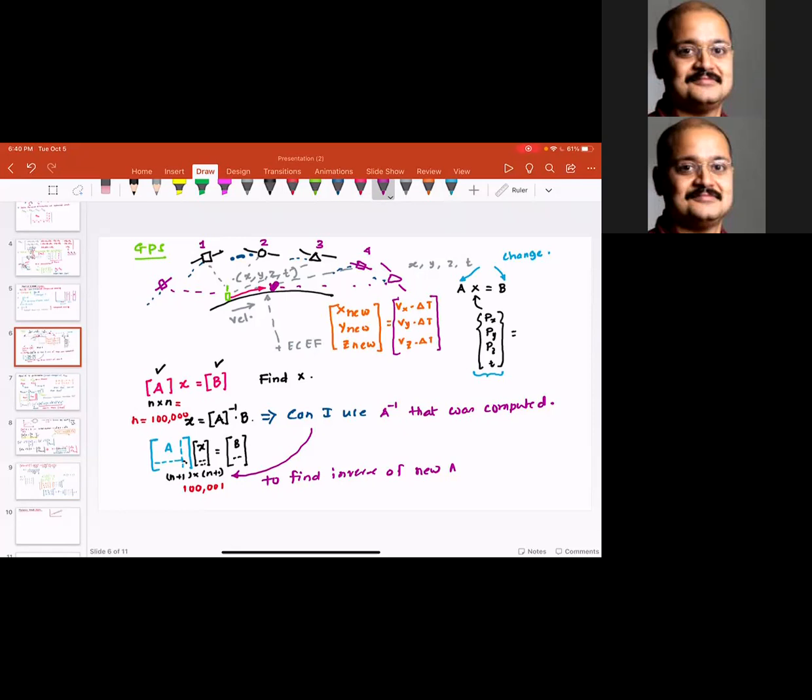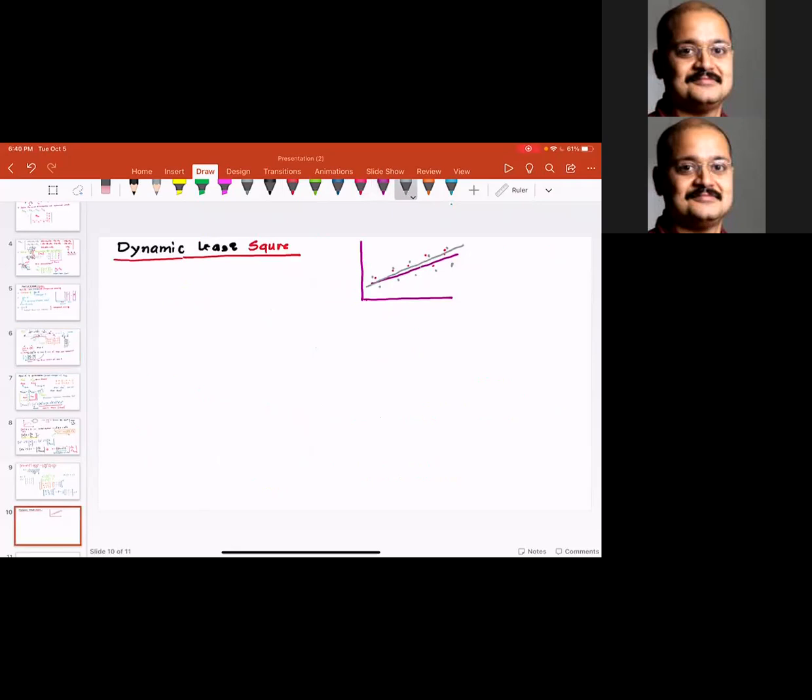So essentially you have some sort of model that gives you some prediction of the future. It gives you some estimate of the future, but you want to correct this estimate based on the new data that you are receiving. And this problem is an ideal setup for something called the Kalman filter.